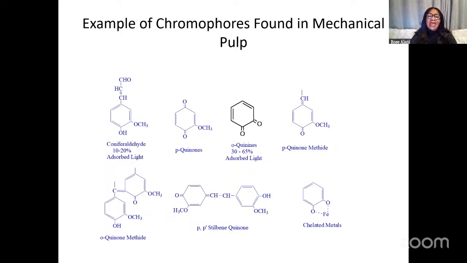So these are some examples of chromophores here: coniferaldehyde, paraquinones, orthoquinones, paraquinone methide, orthoquinone methide, stilbene quinone, and chelated metals. These are some examples of chromophores.